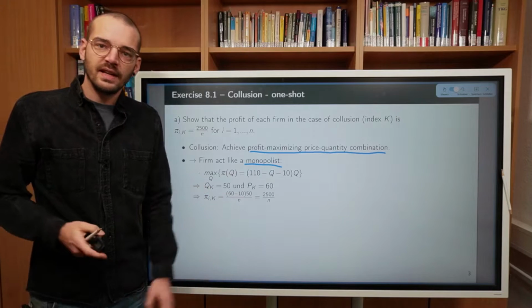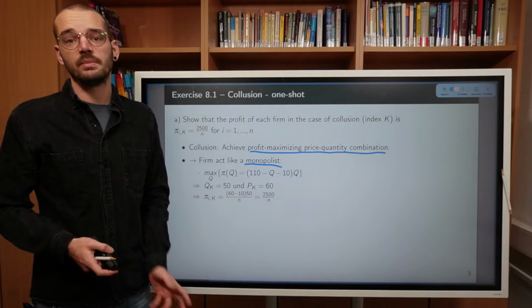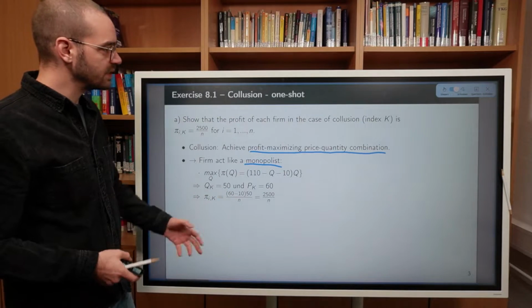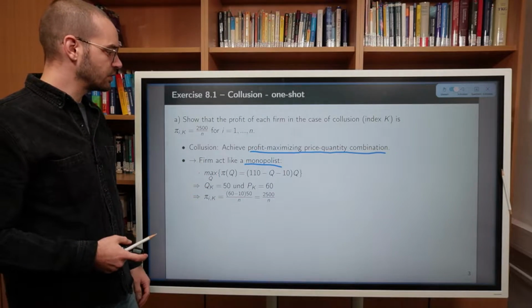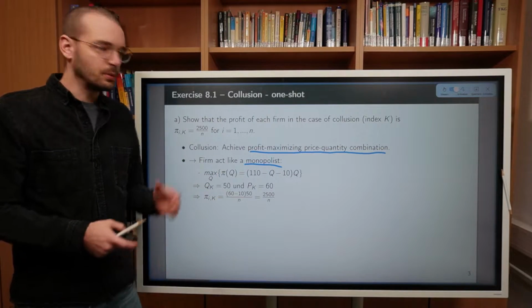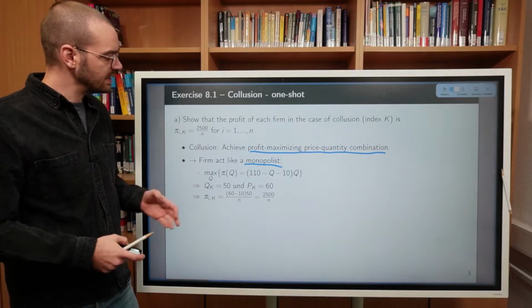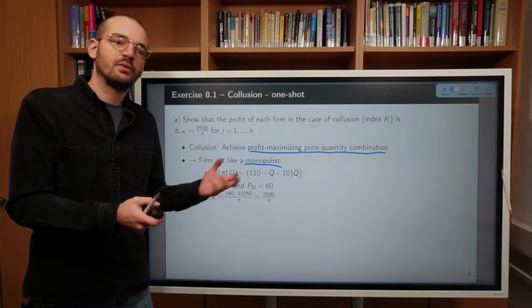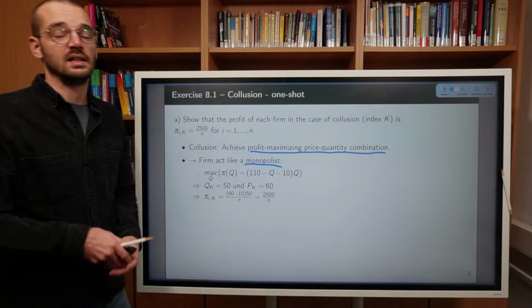Of course, calculating the profit maximizing price-quantity combination in a monopolistic market is at this point in this course probably quite trivial to all of you. So I don't think we will need to go through the details, but the point is we have a profit function that results from the given demand function in this exercise as well as the given cost function.